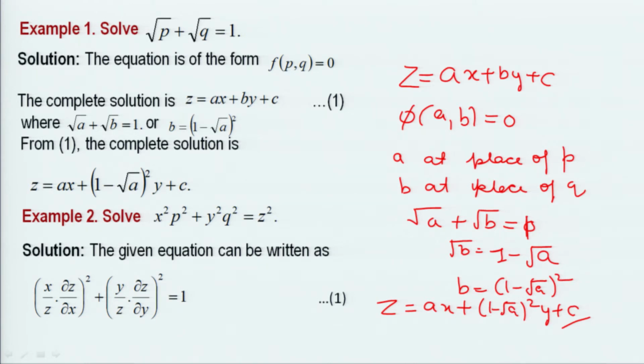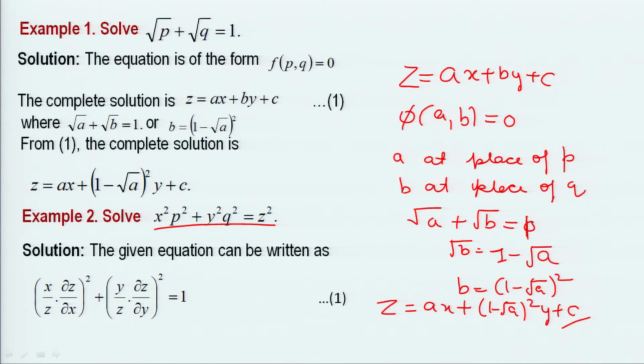Now, solve the next equation: x squared p squared plus y squared q squared equal to z squared. This equation contains x, y, z and also p, q. First, we say this is not type first, but we can reduce it to the form of type first.